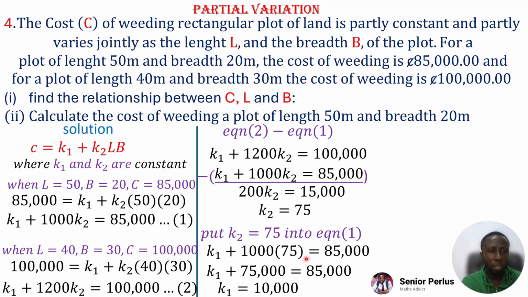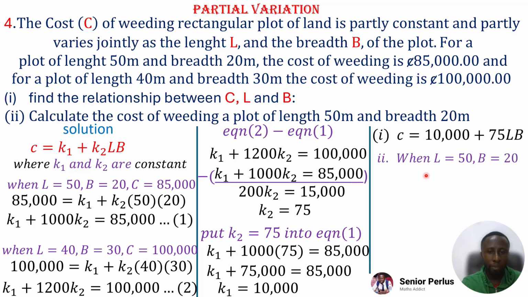So now that we know k1, we find the relation between C, L, and B. So our first k is 10,000, and our second k is 75. Good. So this is the relation between C, L, and B.